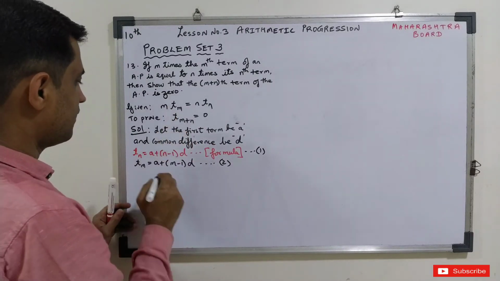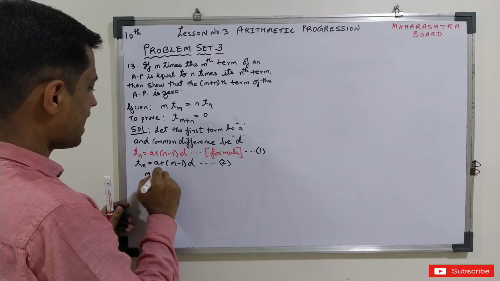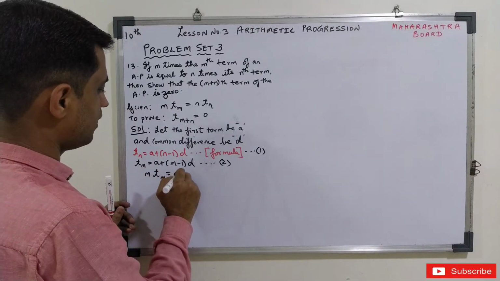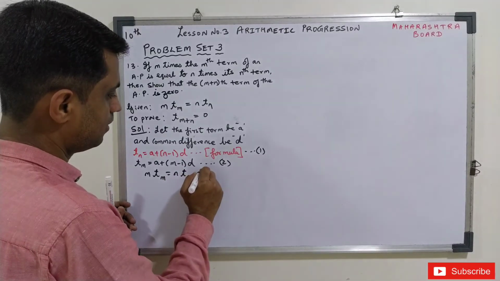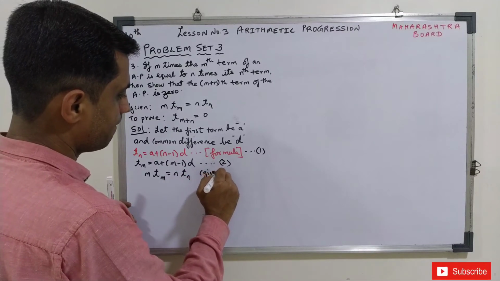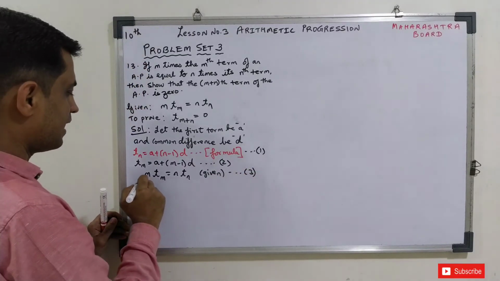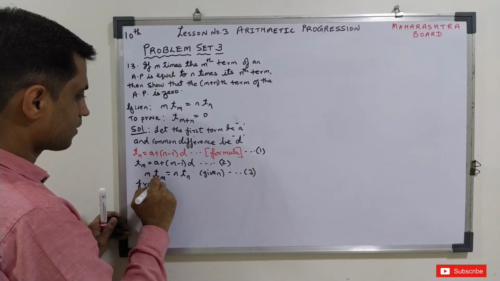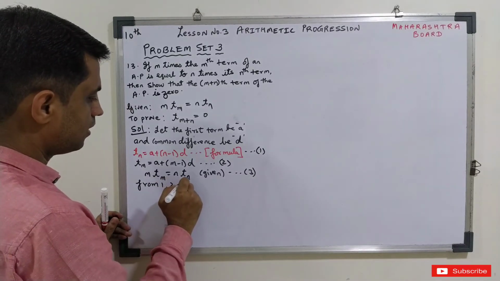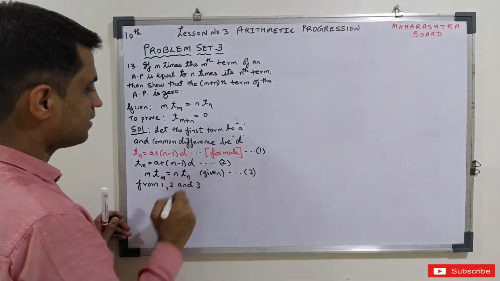Okay, now what is given? M times the mth term is equal to n times the nth term. This is given. This we will write as statement number 3. So what we will get from 1, 2 and 3.